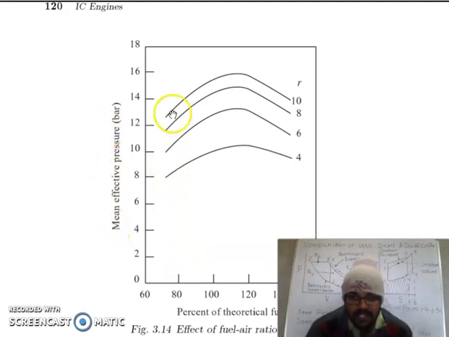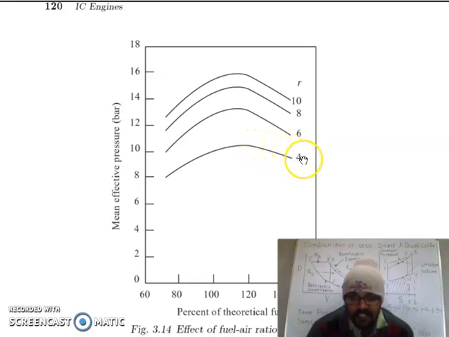In the lean mixture region, you have this much mean effective pressure. As your mixture becomes stoichiometric, the mean effective pressure increases, and at this point, 120, the richer mixture, you get the maximum mean effective pressure. As the percentage of theoretical fuel increases further, the mean effective pressure starts to decrease.